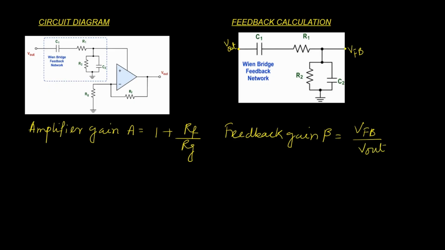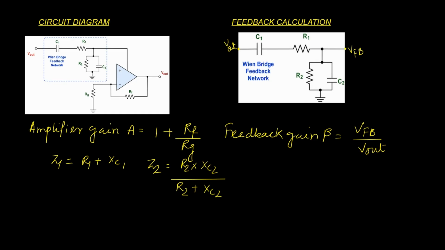So now consider the two things, that is Z1 is equal to R1 plus XC1, and as the R2 and C2 are in parallel, we can write Z2 is equal to R2 XC2 by R2 plus XC2.